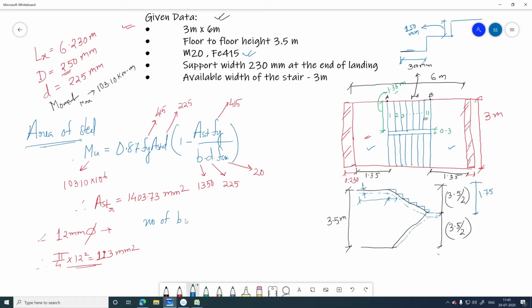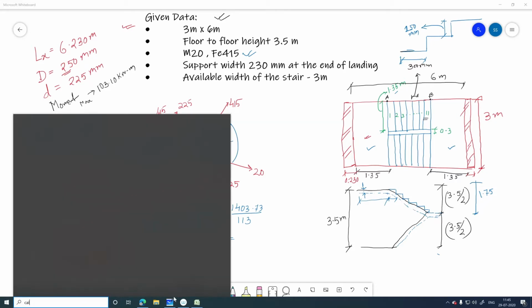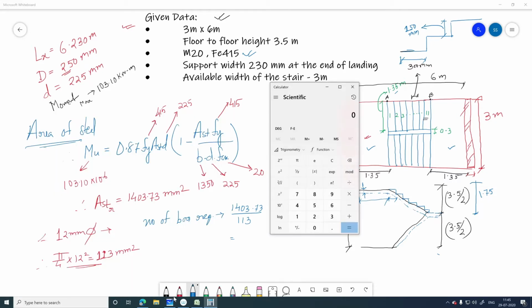So number of bars required is 1403.73 by 113. So let's check. 1403.73 divided by 113 is 12.42.